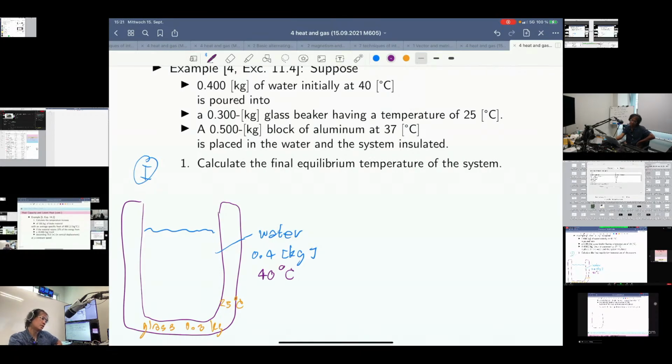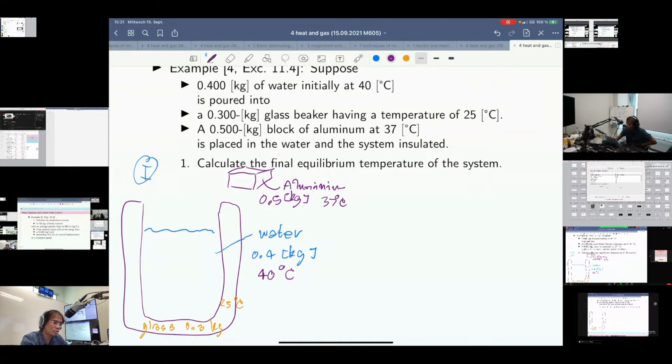All right, and you have a piece of aluminum too, like that. And this is aluminum, and mass of this one is 0.5 kilogram, and the initial temperature is 37 degrees.